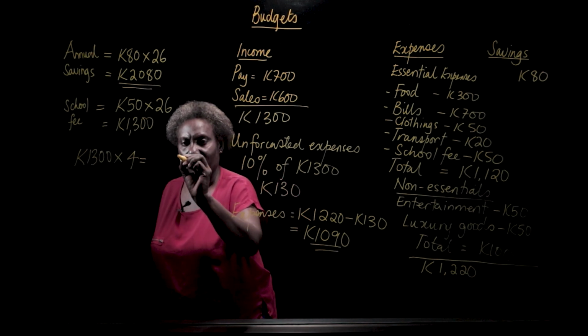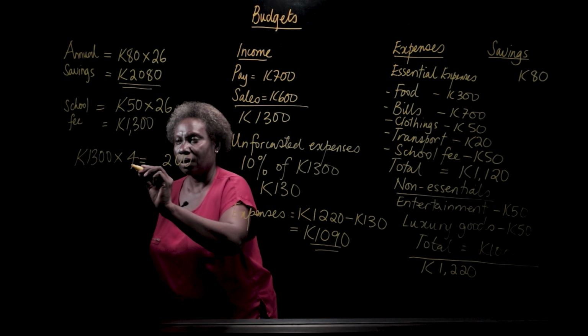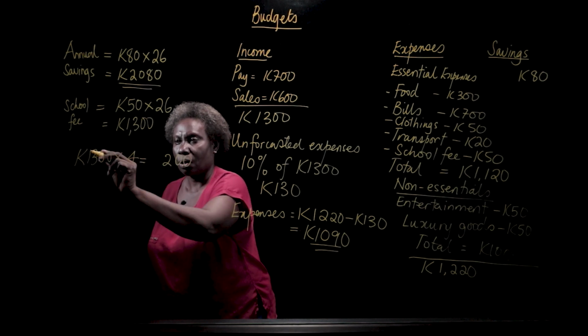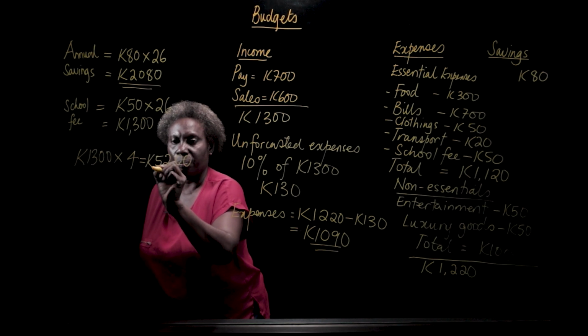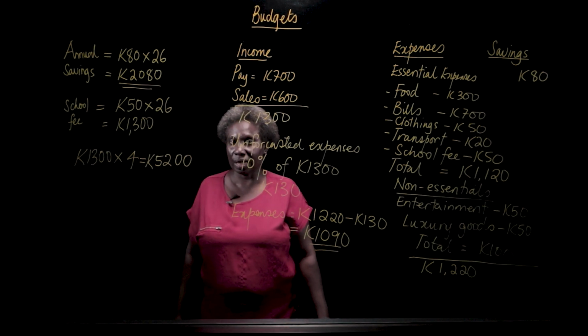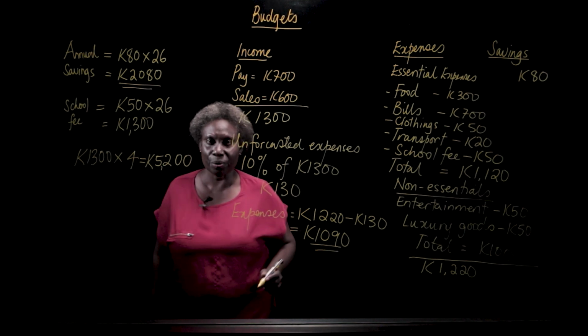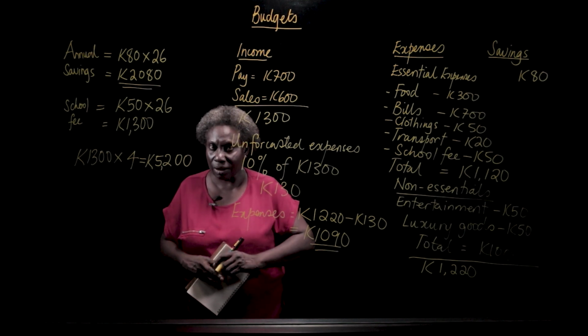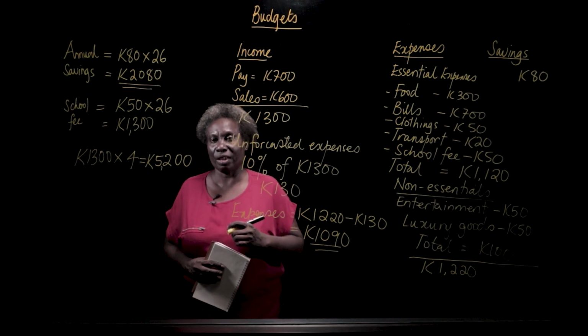So 4 times 1,300 is 5,200. By the end of 4 years, he would have saved 5,200 kina.